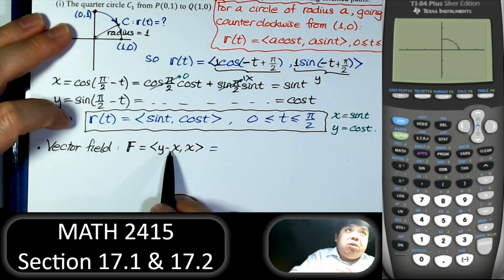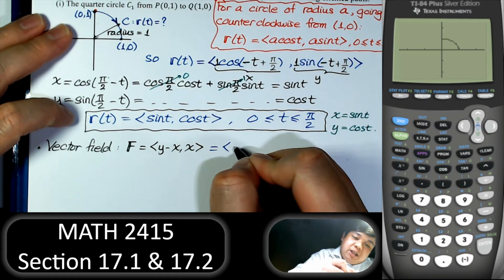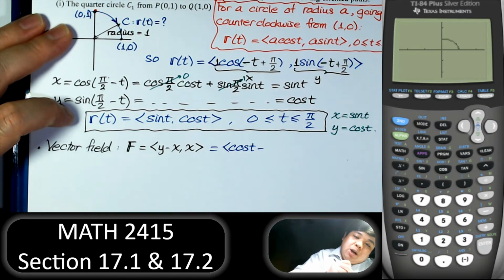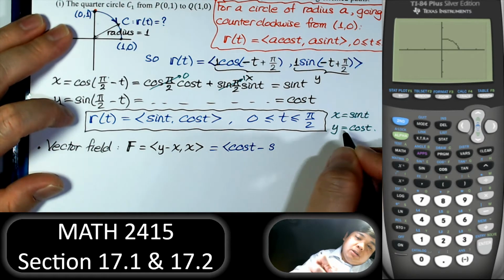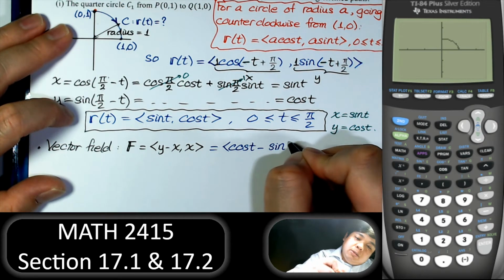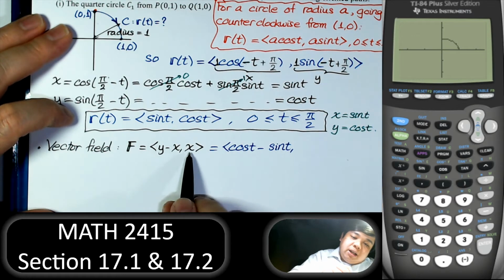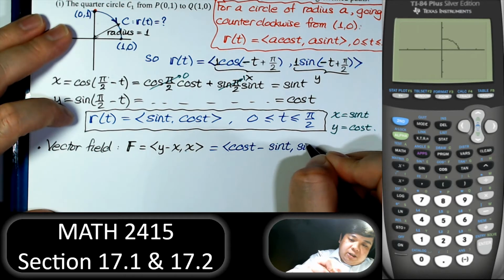Now we write this in terms of t: y is cosine of t, x is sine of t, and then x is sine of t.